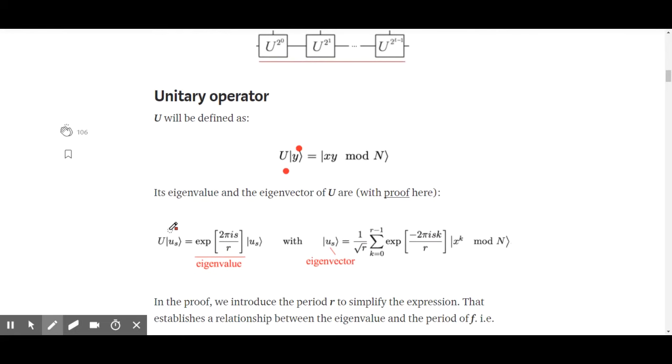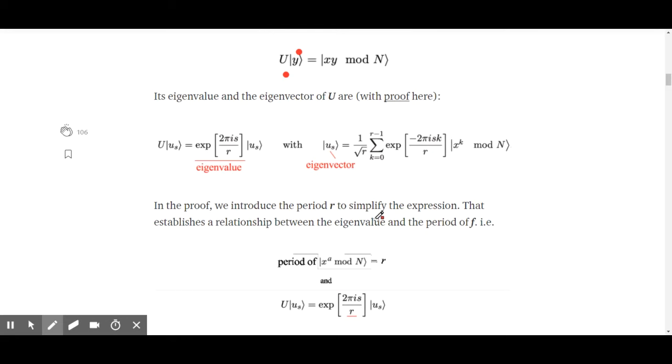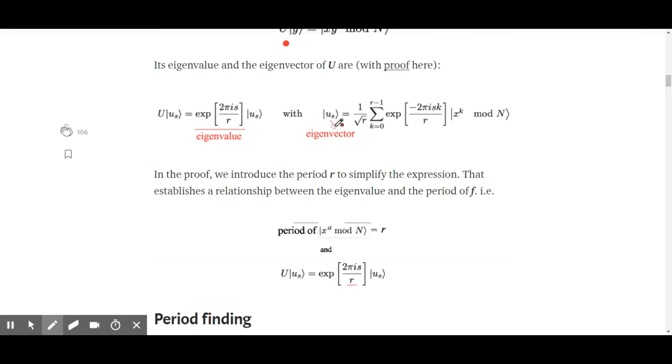Okay, but let's see. We're going to skip the proof, but the idea is, the magic here happens. I'll try to see if I can figure that out later without the maths, but this is basically telling you the eigenvector.